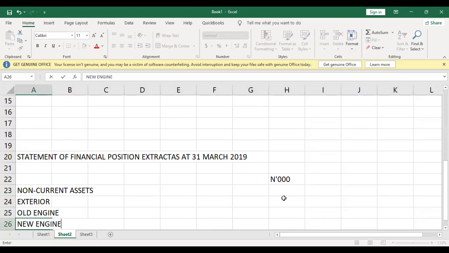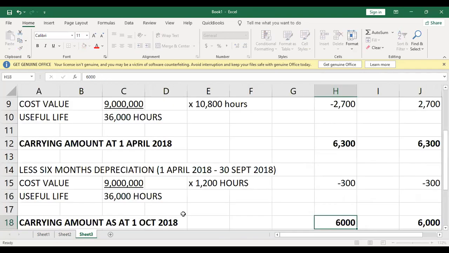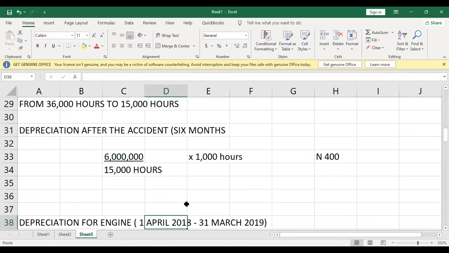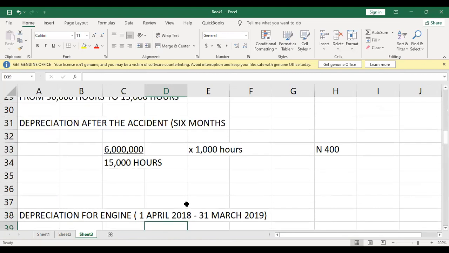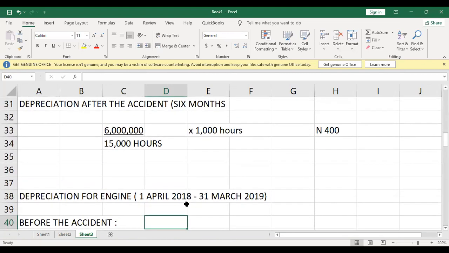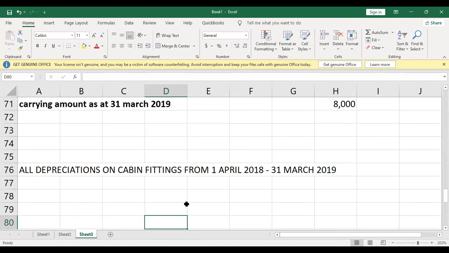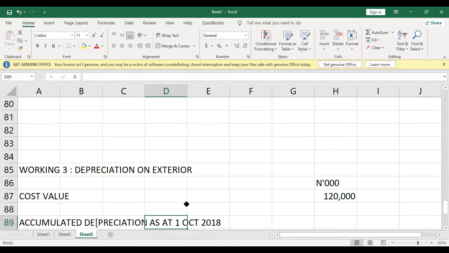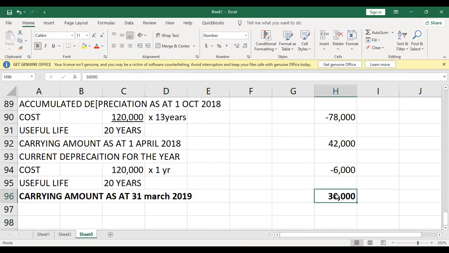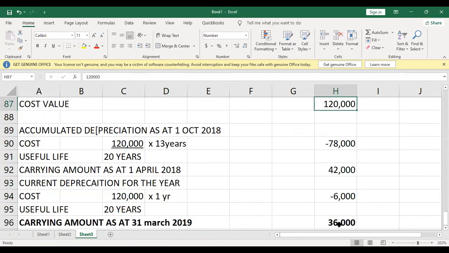The carrying amount as at 31st March 2019 of exterior is 36,000.